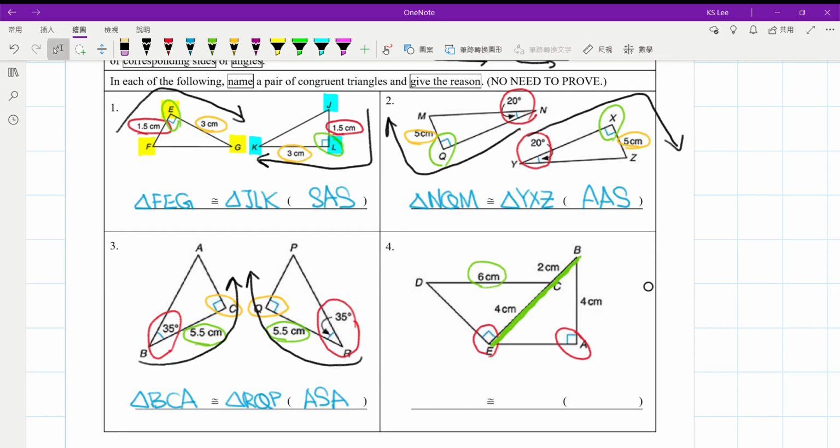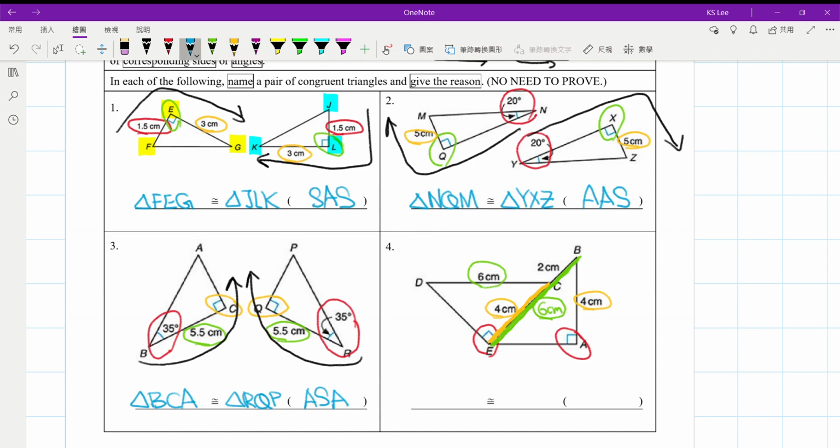Okay, so the green line is also 6 cm. And then for the last one, we have a pair of equal sides, 4 cm. The yellow line segment, 4 cm and 4 cm.